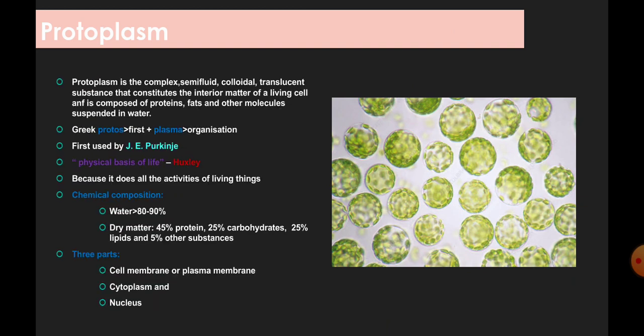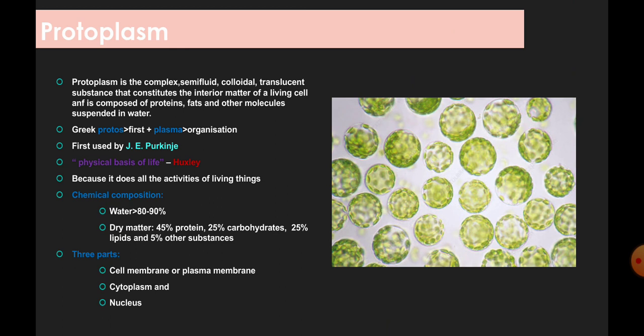Other than the cell wall, all the parts inside the cell are called protoplasm. Protoplasm is the complex semi-fluid colloidal translucent substance that constitutes the interior matter of a living cell and is composed of proteins, fats, and other molecules suspended in water. The word comes from the Greek protos, meaning first, and plasma, meaning organization.